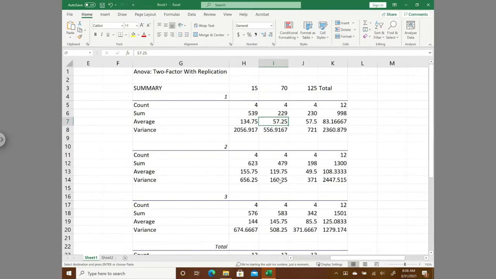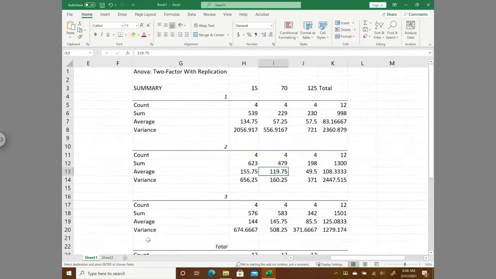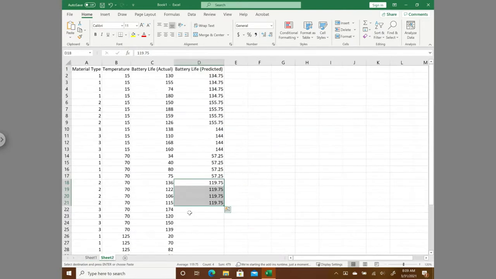Next is material type 2 and temperature 70 degree Fahrenheit. So that average for the next four, then this average for the next four here.